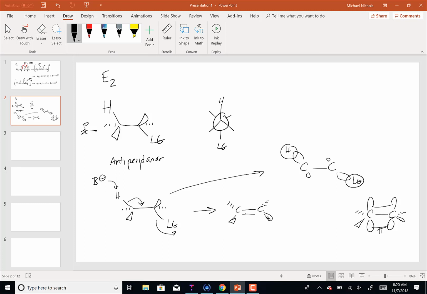So that's our restriction. When I said before that you're looking for a beta hydrogen, it has to be a beta hydrogen that is anti to the leaving group. Okay. If there's no beta hydrogen that can be anti to the leaving group, it's not being removed.